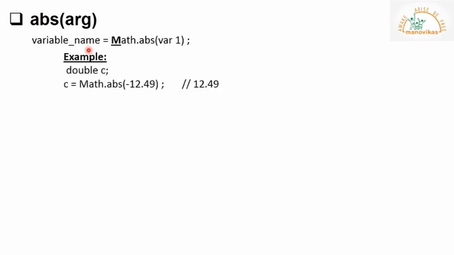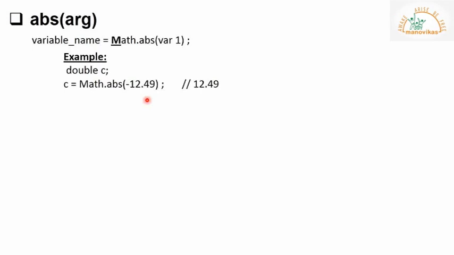The format of writing is Math.abs of the variable or the value. For example, I have considered Math.abs of -12.49. I said abs will convert the value to a positive value irrespective of what sign it has. What is the positive value of -12.49? The positive value will be 12.49.